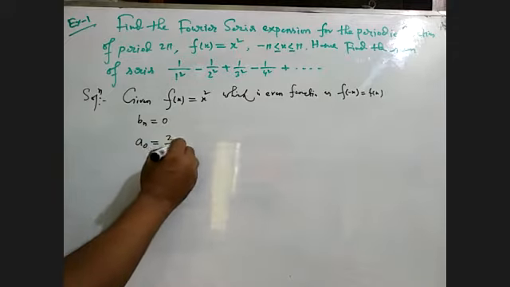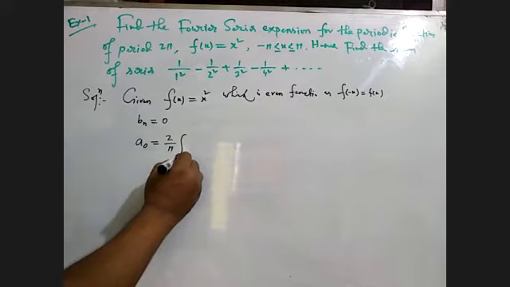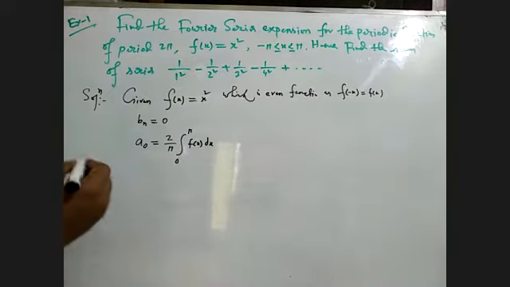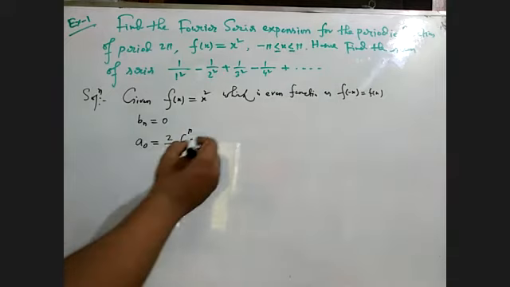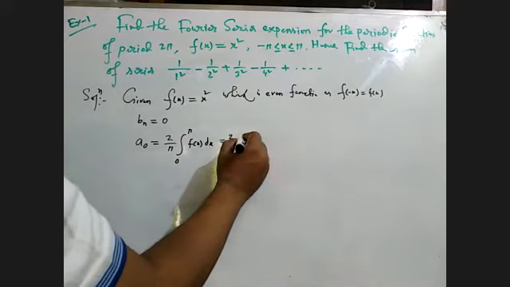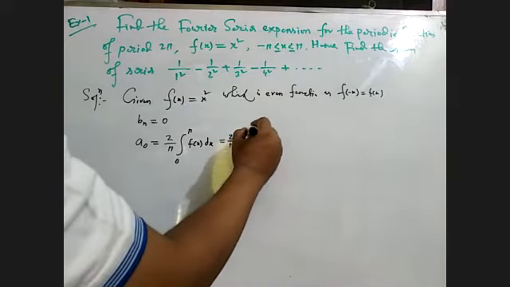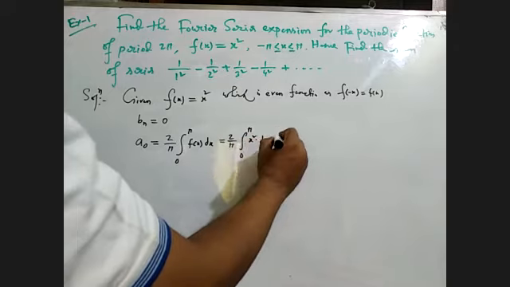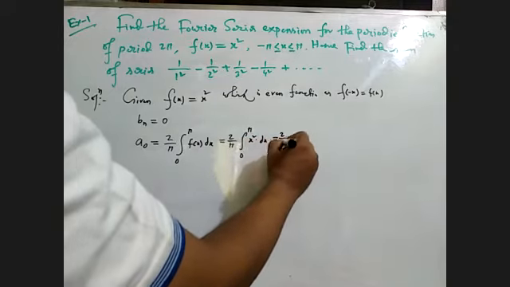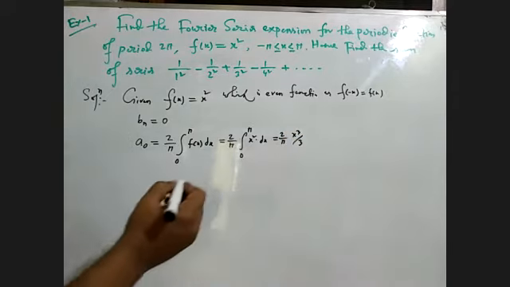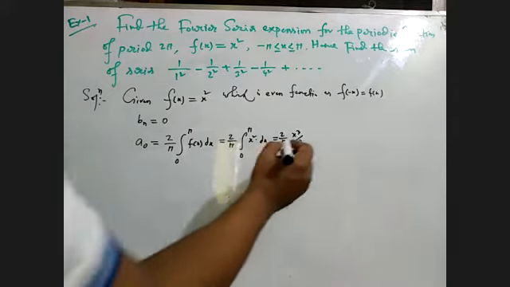a naught equals 2 divided by pi, integral from 0 to pi, f of x dx. So in that case, 2 divided by pi, 0 to pi, f of x equals x square dx. x square integration will be x cube by 3.